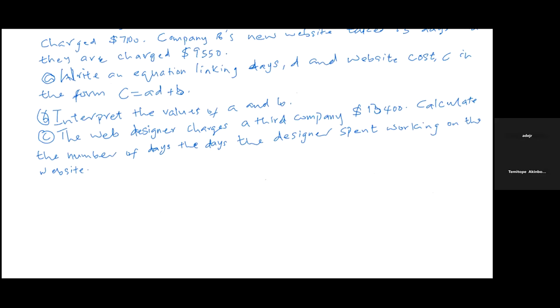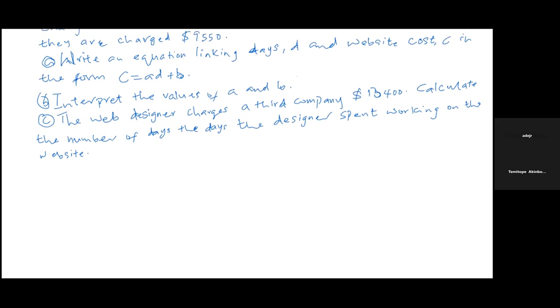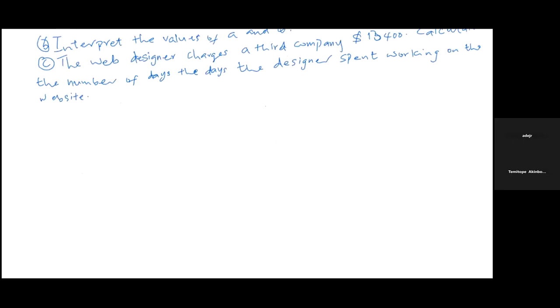So C, comma D, or D, comma C. But because C has been made the subject here, our coordinate will be D, comma C. Do you understand that now? Solution. The coordinates are D, comma C, where D represents the days and C represents the cost.